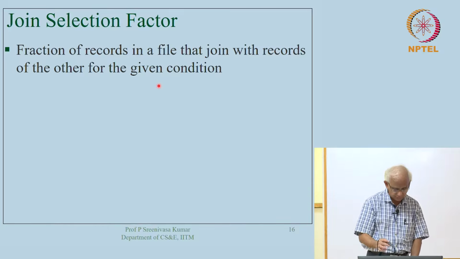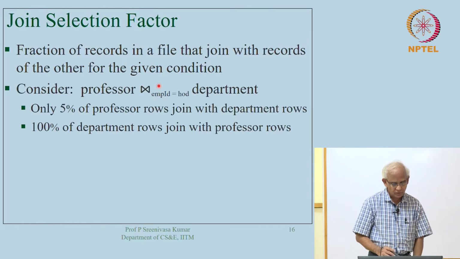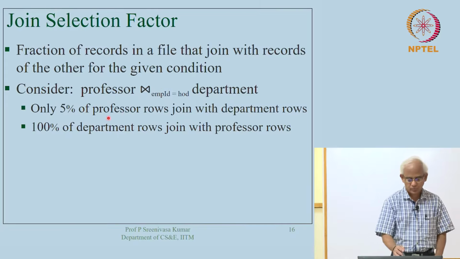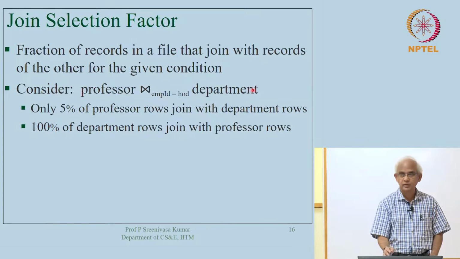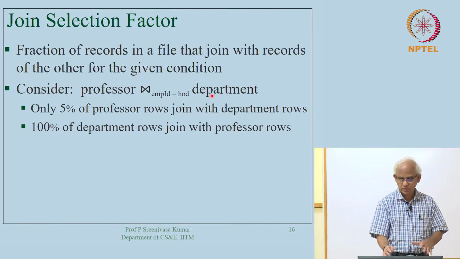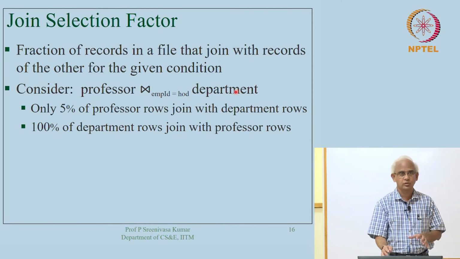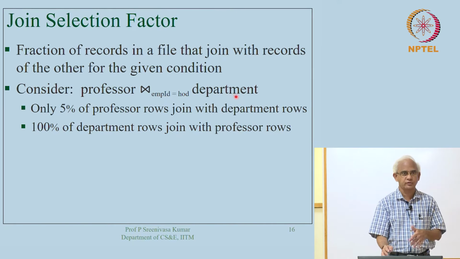So, let us illustrate it with an example. Consider this join: professor relation joined with department relation with the join condition employee ID equals HOD. Oftentimes we may have to find out details about the HOD of the department.